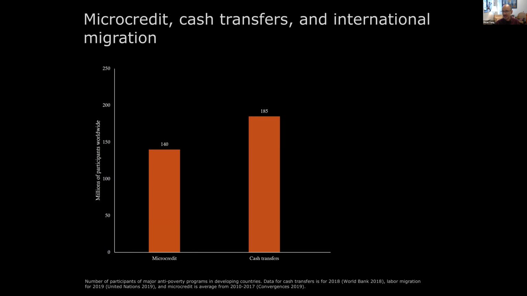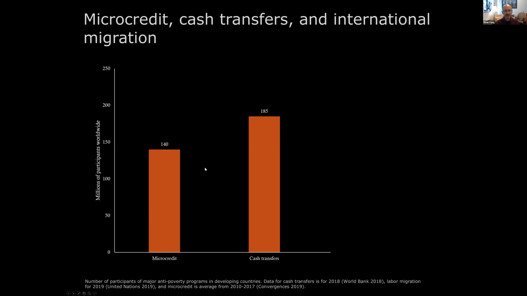As a contextual factor, I did want to make a slightly apples to oranges comparison here and compare international migration flows with microcredit programs and cash transfers, perhaps the 2 largest types of development programs, anti-poverty programs that we study as development economists.